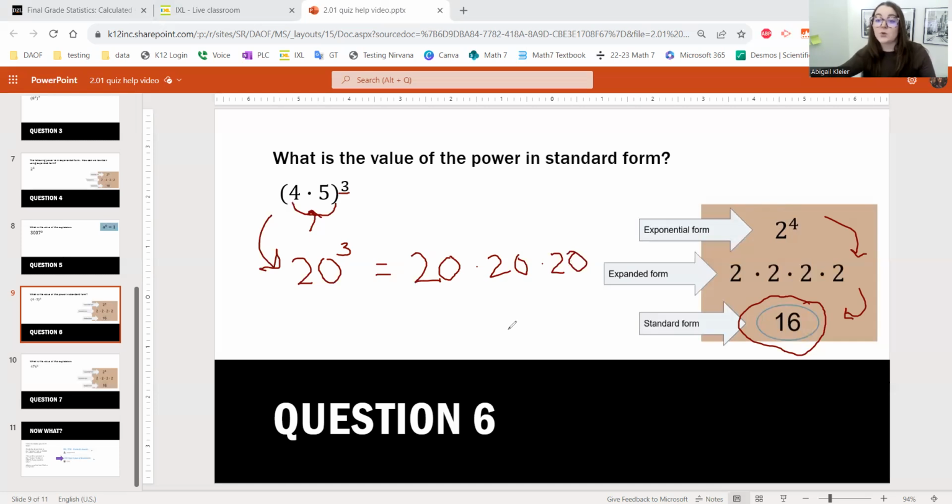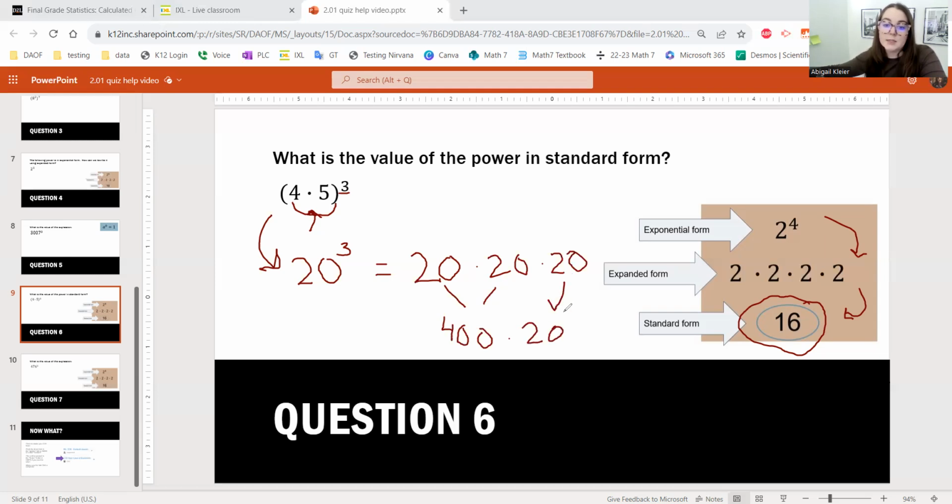Now my last step is going to be to actually multiply, and I'm going to use my calculator for this because like we always talk about in class, using our calculator is a-okay. So we can first start with just multiplying 20 times 20 and plug that into your calculator. You will see that 20 times 20 is 400.